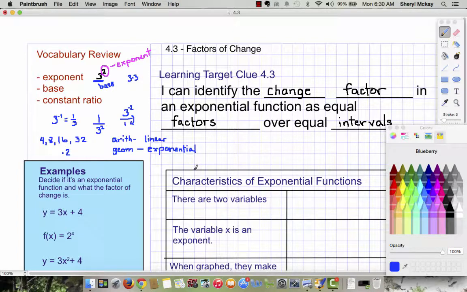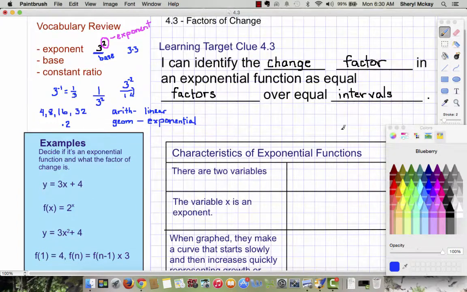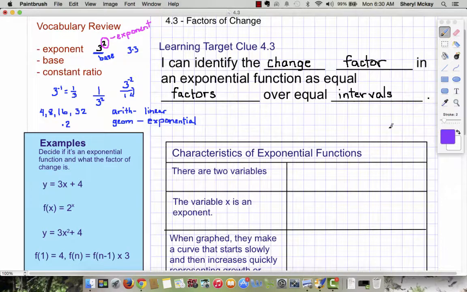So now let's go ahead and talk a little bit about some of the characteristics of an exponential function. The first thing that you'll want to know about an exponential function is there are two variables. There's an x and there's a y.